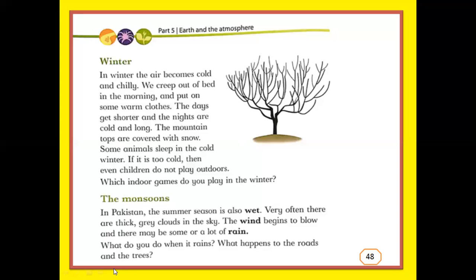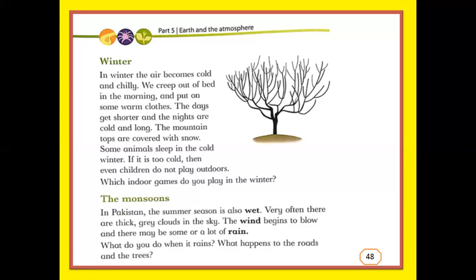Now, the question is, what do you do when it rains, or what happens to the roads and trees? First of all, I want to tell you about the roads and the trees in the monsoon season, because there is heavy rain, and due to this, trees fall down and roads become damaged and also filled with water and broken branches of trees.